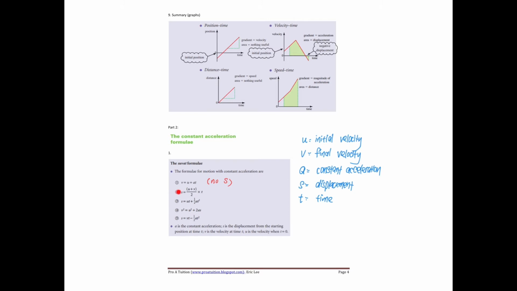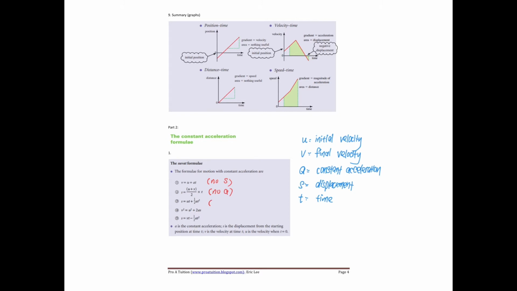The second formula, s equal to u plus v over 2 times t. We can use this formula when there is no acceleration. It means the information has no acceleration given and the question never asks for acceleration. Then you can use this formula.